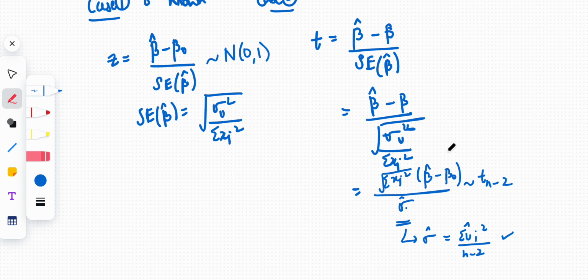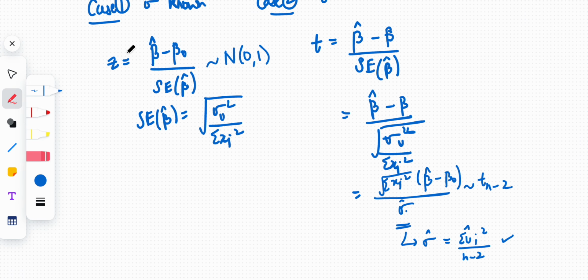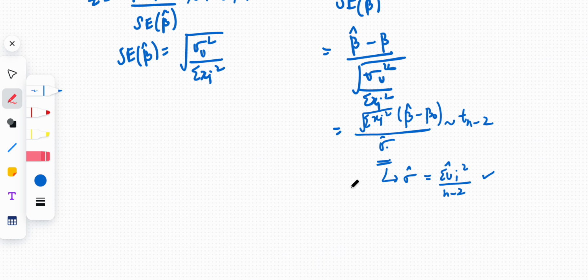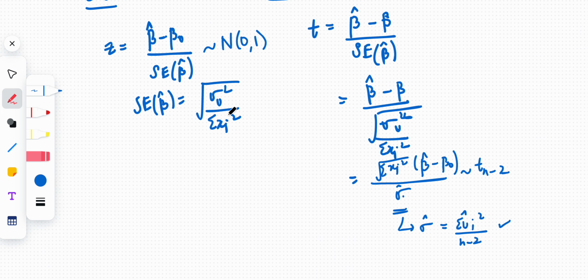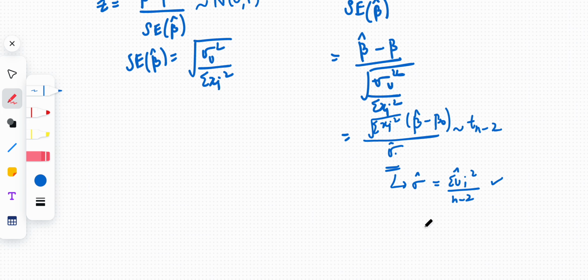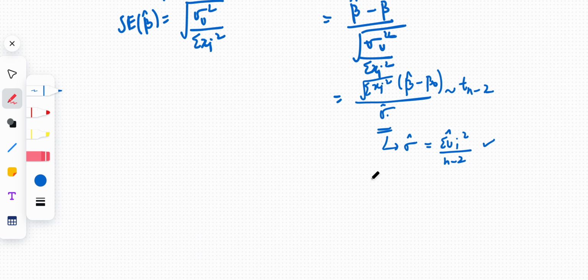This would be my testing procedure here, because here it's known so it will be quicker. Here it's unknown so we'll use the t distribution and the estimated value. Now there's a cap in this one.